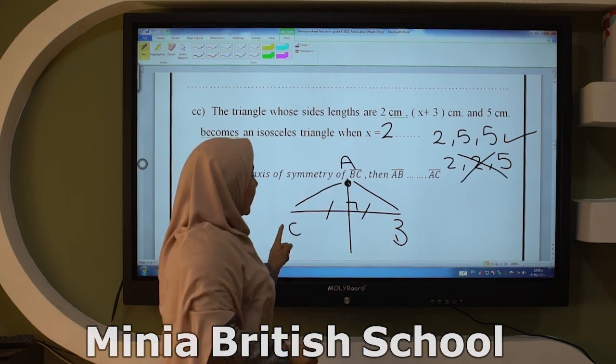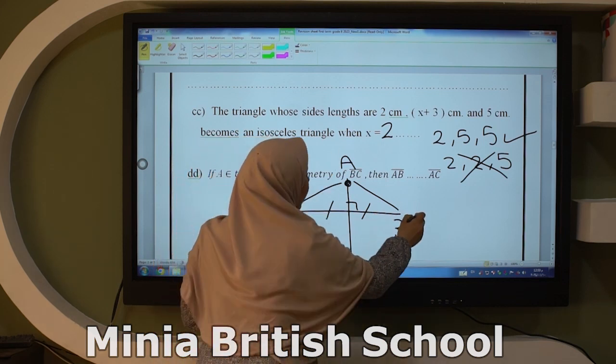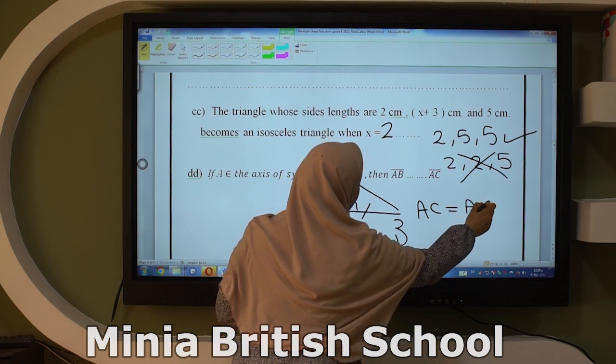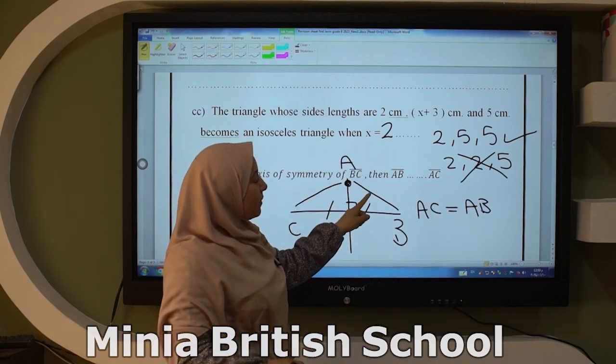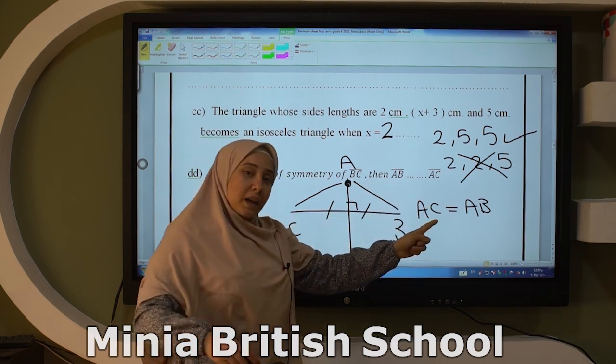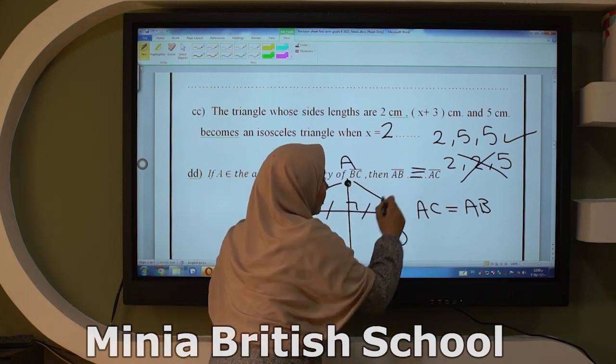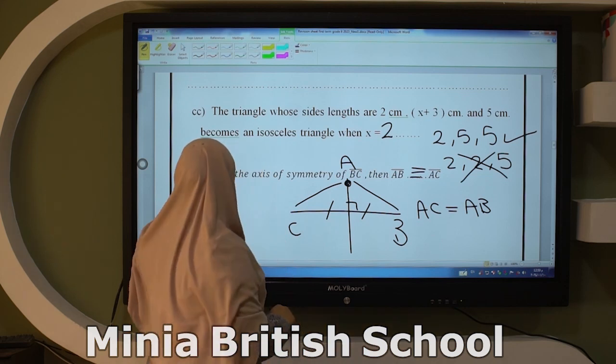So AP equals AC, but here I have the line segment AP and the line segment AC, then the answer is congruent, not equal. Take care, okay?